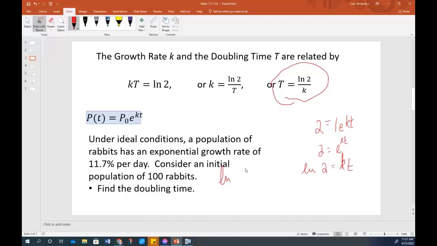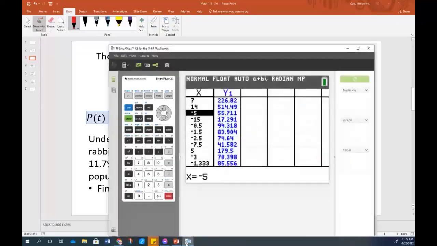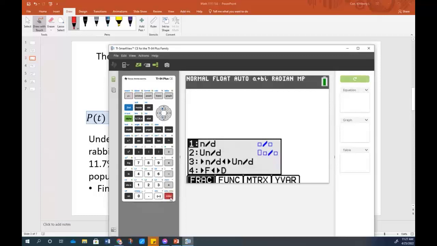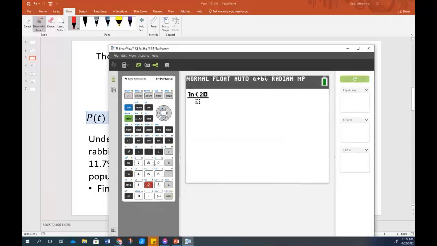So I'm going to say, okay, ln of 2 divided by, and the growth factor as a decimal, 0.117. All right, and the doubling time tells you how many days it takes to get twice as many rabbits. So back in here, if I quit this, and I can say ln of 2 divided by that growth factor.